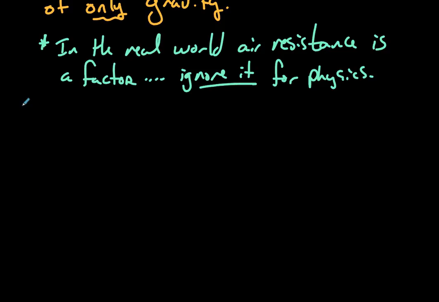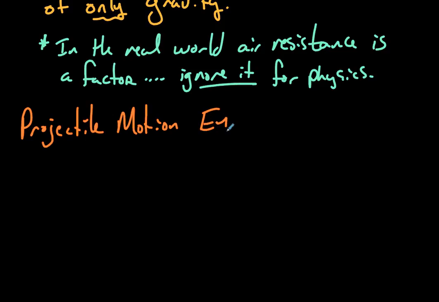Okay. So what sorts of things would we consider to be projectiles? So projectile motion examples. Well, there's about 4 things maybe that we would consider to be projectiles.